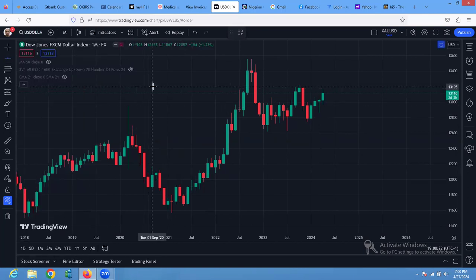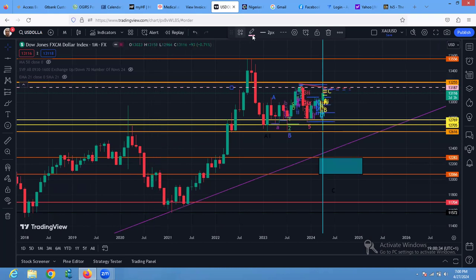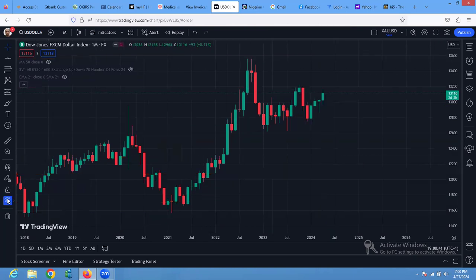So it's majorly here, but price didn't get to the place. Price didn't get there, and we know that it won't break here. Price will not break this spot here.